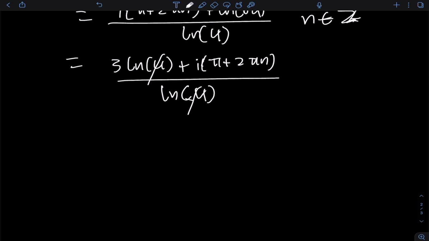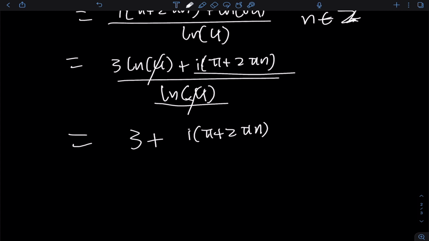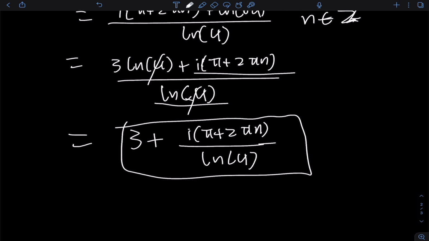So what we have here is 3, and then this over this is 1, so that's fine, plus i times pi plus 2 pi n all over the natural log of 4. And that is our answer.